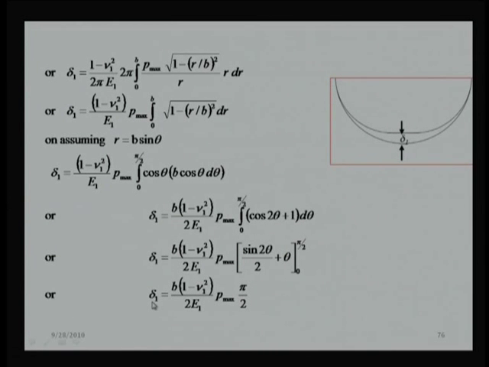So, now what do we have? We have this deflection in terms of B and P max, and we can use a previous relation that we derived for the spherical contact, that is 2 by 3 B square P max. Now, we have P max and B here.